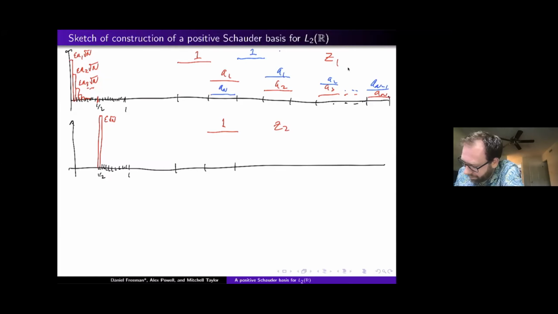And so in blue, we have z3, and then it's going to be shifted here. And then for z4, we just shift z2.